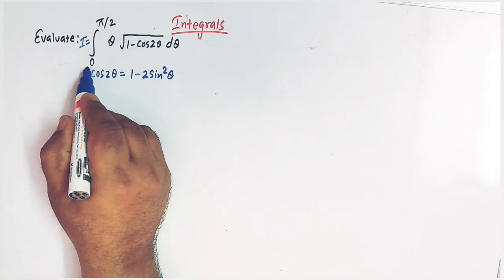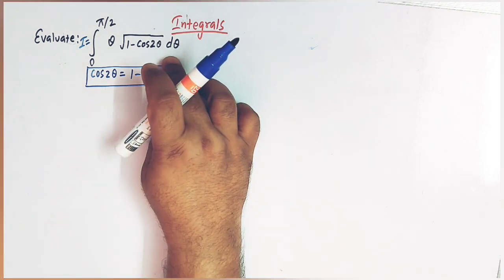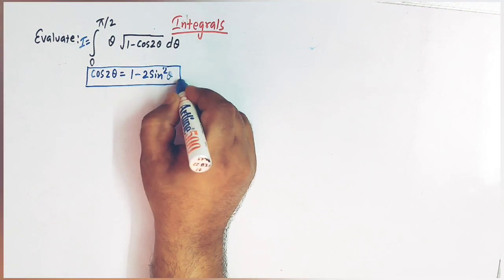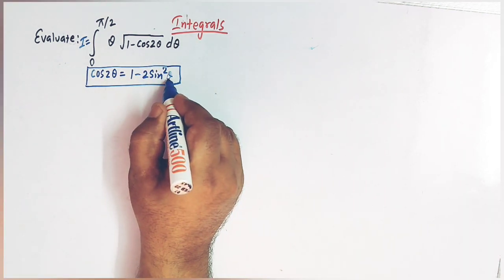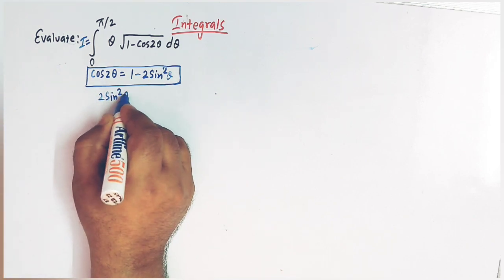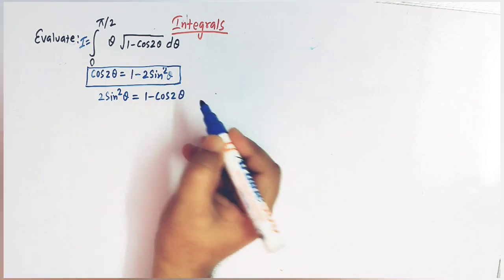So this is an important identity, right? Okay, so here cos 2 theta is equal to 1 minus 2 sine square theta. So we can now write 2 sine square theta is equal to 1 minus cos of 2 theta, right?